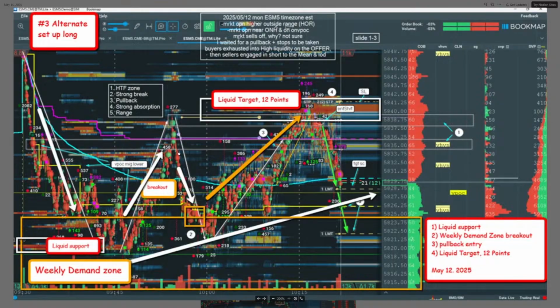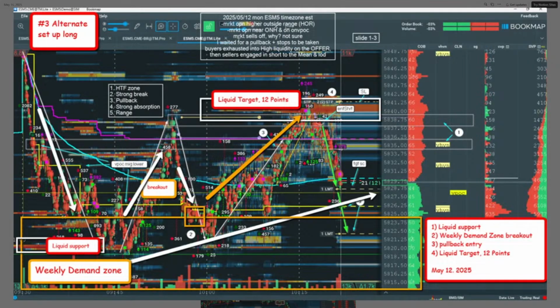Now I wanted to bring this up real quick because I actually saw this long a little bit better. There was a weekly demand zone down there, and Bruce has videos on supply and demand zones. I saw this a little better for a long prior to your short because there was also liquid support there. It went into your weekly demand zone. You had a pop up just like you had your arrows in there.